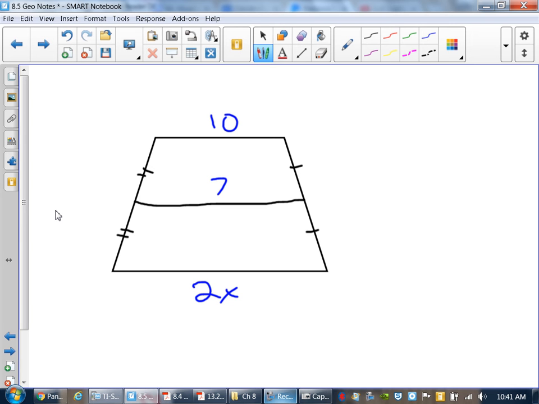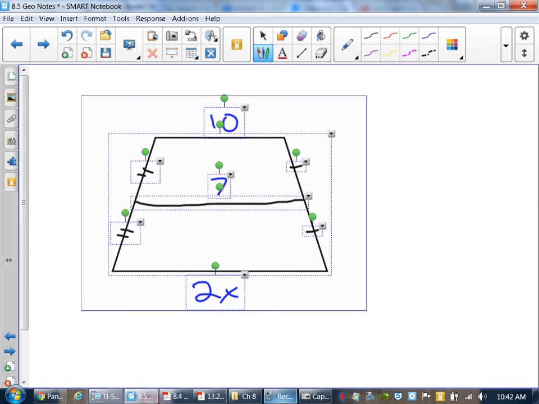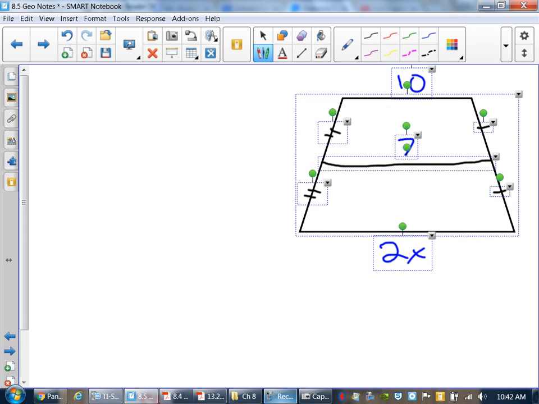So in this case here, we've got a trapezoid. It's not an isosceles trapezoid because you've got 2 tick marks for both segments on the one side and 1 tick mark for the ones on the right. So it's just a regular old boring trapezoid. The mid-segment is given to you as 7. The bases are 10 and 2x. There's 2 different ways formulaically you could write this out, and I'll show you.